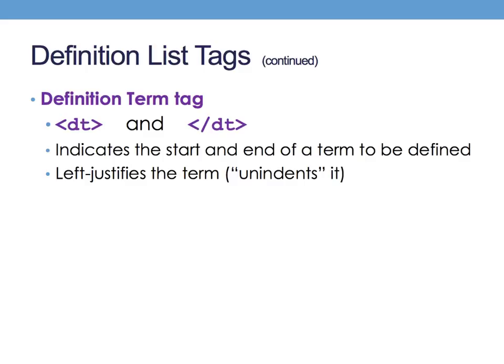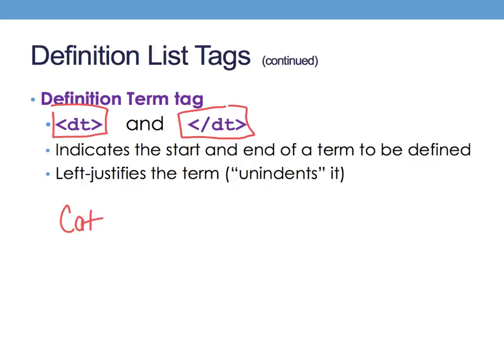So once we've created our definition list, we need to create our definition terms. So you'll notice here DL was my definition list, DT is my definition term. And this indicates the start and the end of a term to be defined. So that was like on the previous page where I wrote cat. That was the term. And then the second piece will be the definition, which we talk about on the next slide.